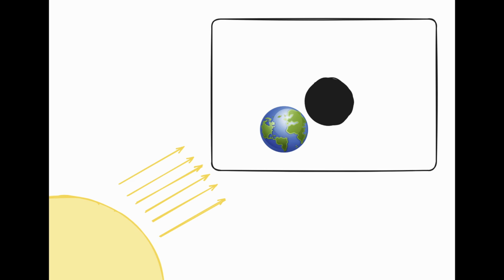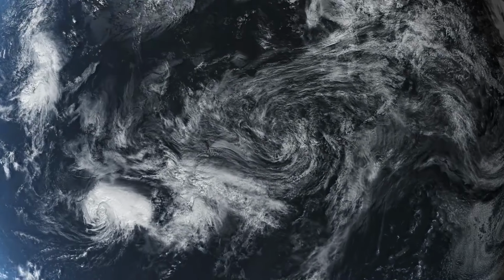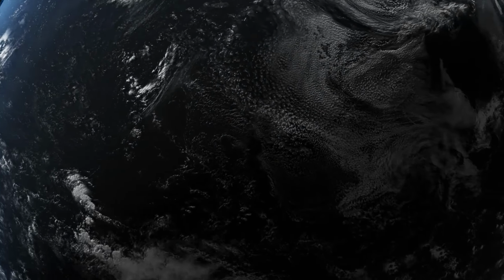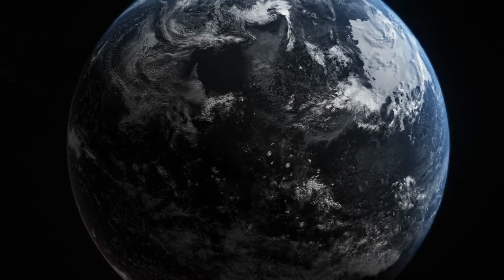It absolutely intercepts all of those 1361 watts per meter squared, but not all of them are absorbed because the Earth is not perfectly black, in short. It contains clouds and ice and snow and grassy areas that are sort of lighter in color. And all of these reflect what the Earth is intercepting with its shadow. And so instead of absorbing that energy, it just kind of bounces off back towards the sun.